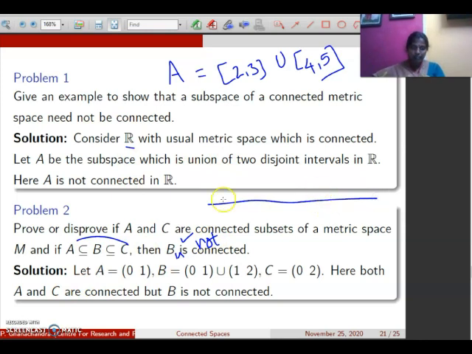A equal to [0, 1], and B equal to [0, 1) union (1, 2], and C equal to [0, 2]. Here both A and C are connected because they are intervals. But B is not connected because here the element 1 is not there. Therefore, B is not connected. Okay, so I can disprove this.